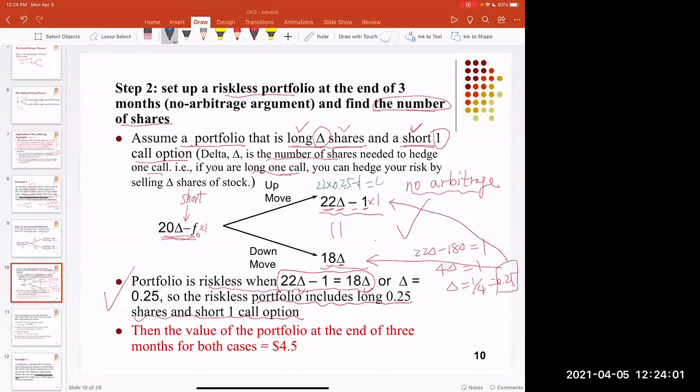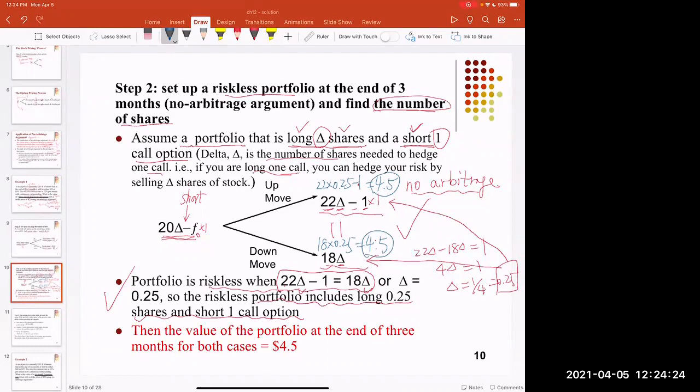Yeah, that's correct. And 18 times 0.25 equals what? 4.5. That's correct, good. So you see, either up or down it's 4.5, right?